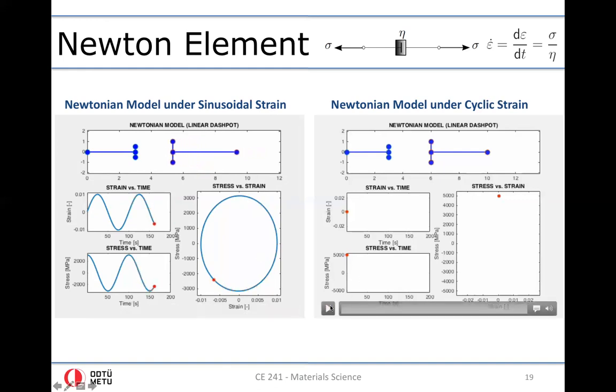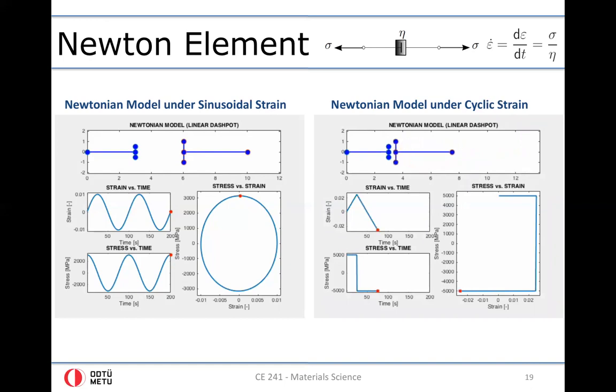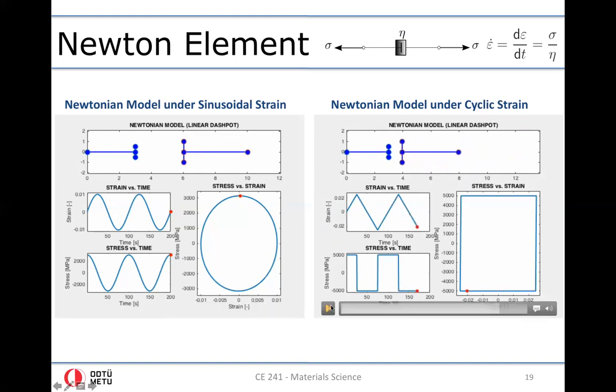All right, when you do a similar thing with the sawtooth function cyclic loading, what you obtain is a box-like hysteresis. Again, unload. You see, when the strain rate is constant, stress is constant. Then from here to here we have a negative slope, and from here to here a positive slope.